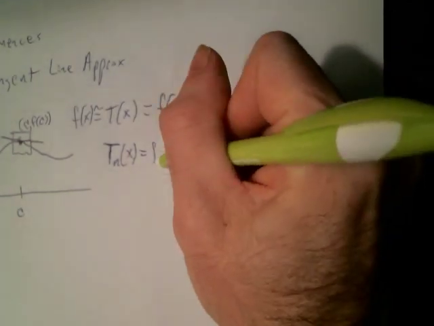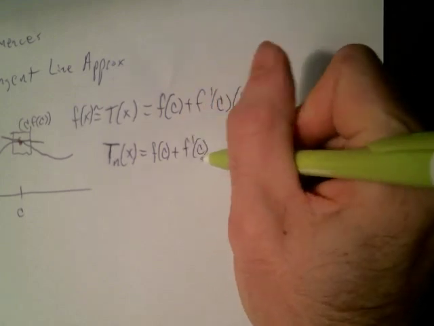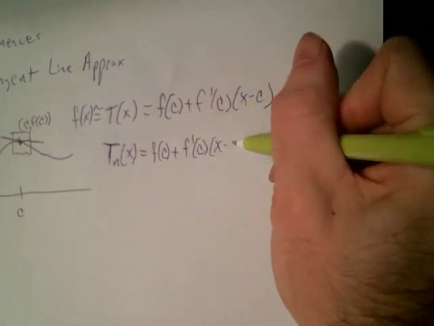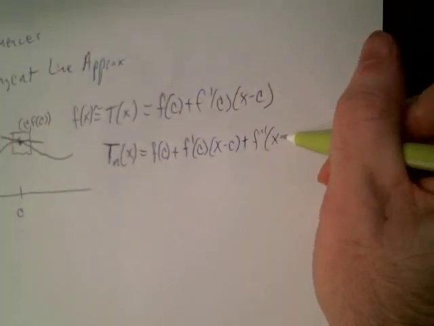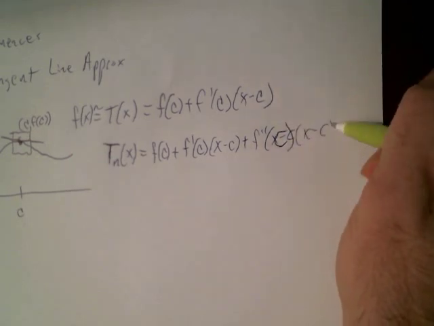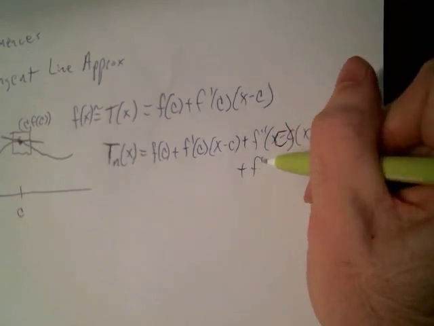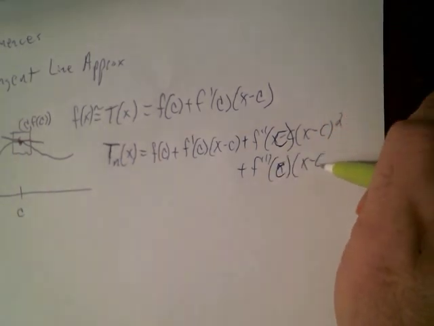So it'll be some constant plus the derivative times x minus c plus f double prime of c times x minus c squared plus f triple prime of c times x minus c cubed.